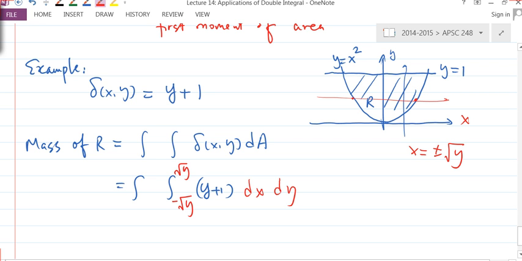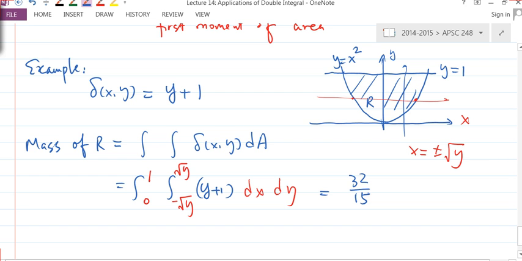Then you sweep this line vertically up and down, so the bottom bound is 0 and the top bound is 1. That's it. This is a pretty simple calculation. If you calculate this, you should end up with 32 over 15 for the mass.